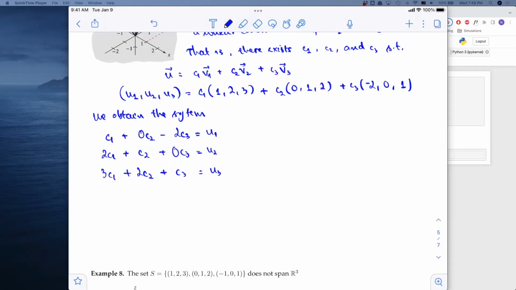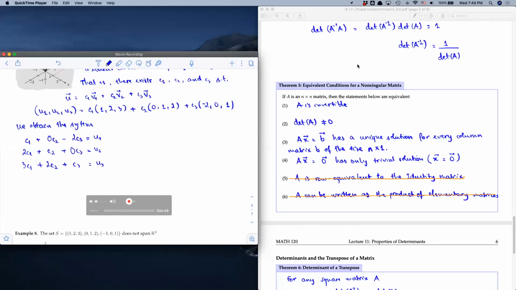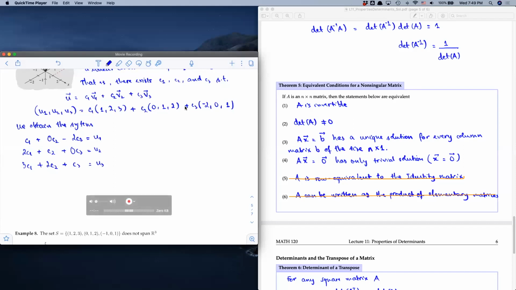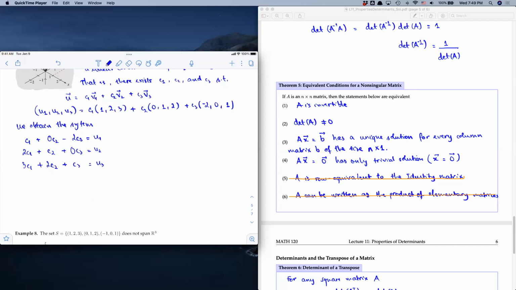All right. Even though we don't actually know exactly the values of U1, U2, and U3, we are still able to determine if there is a solution to the system. That is, if C1, C2, C3 exist. Now there is a theorem in lecture 11, when we learned about properties of determinants.